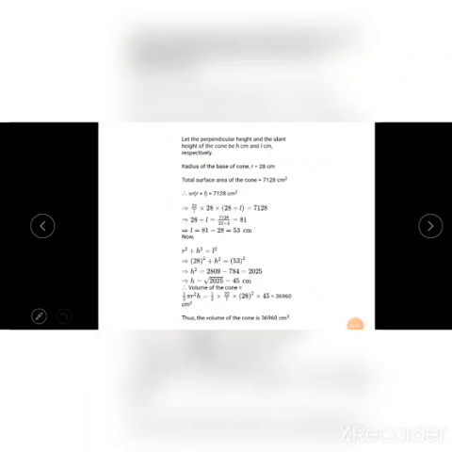In this question of a cone, the perpendicular height and the slant height are denoted by H and L. Radius is given as 28. The total surface area of the cone is given as 7128. As the value for total surface area of a cone is given, let us write the formula for total surface area, which is pi r (L plus r). The value of r is substituted and the value of total surface area will give you L as 53 centimeter.